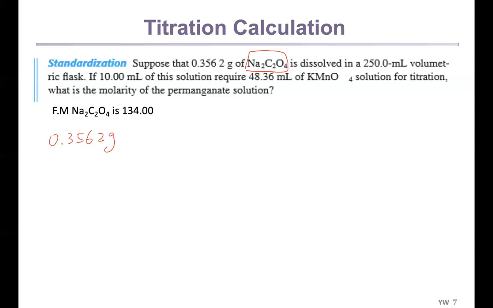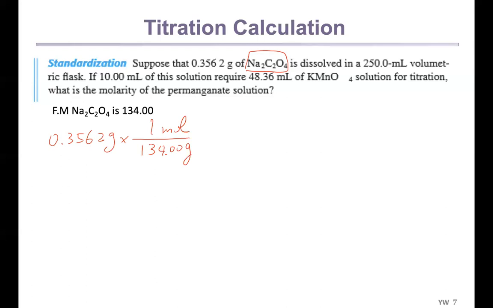So we have 0.3562 gram of sodium oxalate, and because the formula weight is 134 gram per mole, we can calculate the moles of sodium oxalate.